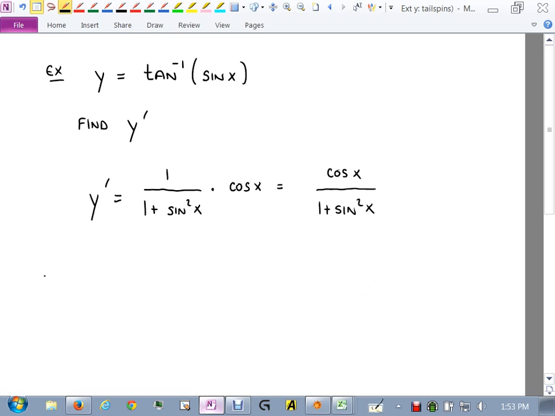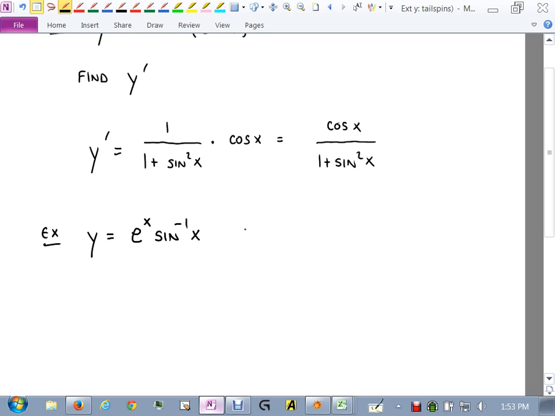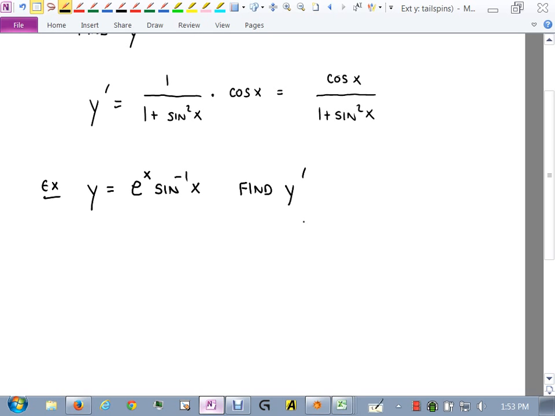How about something like this? Y is equal to e to the x arc sine x. Find y prime. So what do we have going on here? It's product rule, right?